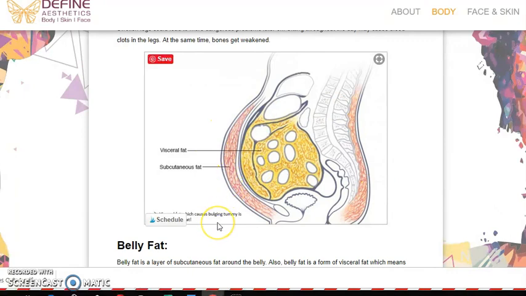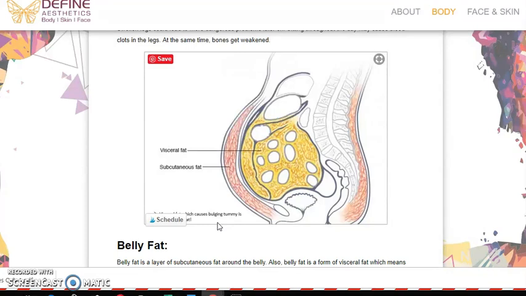And both fats may have some kind of detrimental effect on health. As I mentioned, a proper amount of fat is good for the human body, but an excess of fat may have a very detrimental effect on our health.